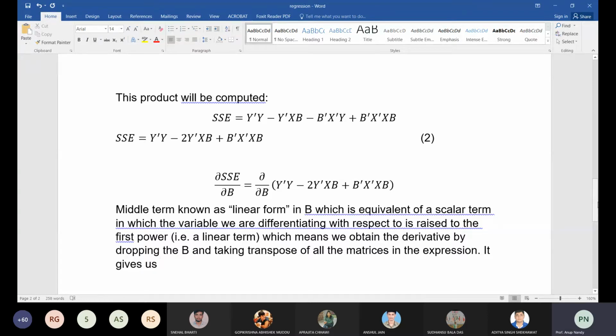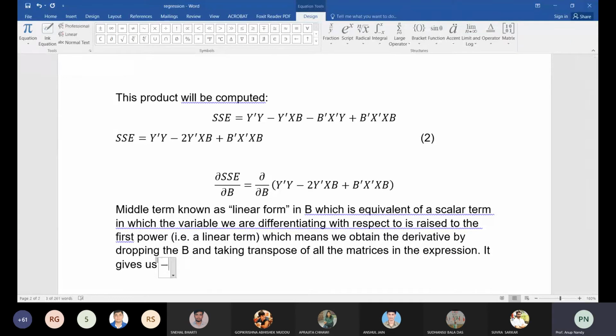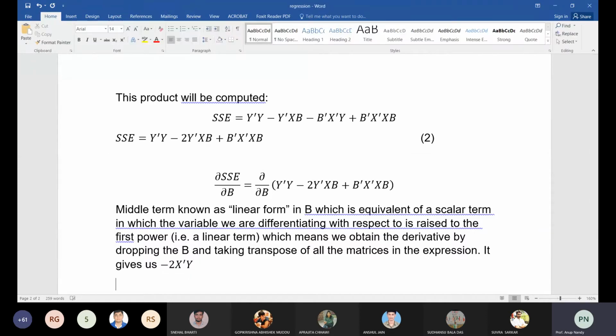What will be the output? Minus 2 x transpose y. Very good. You will have minus 2 x transpose y.